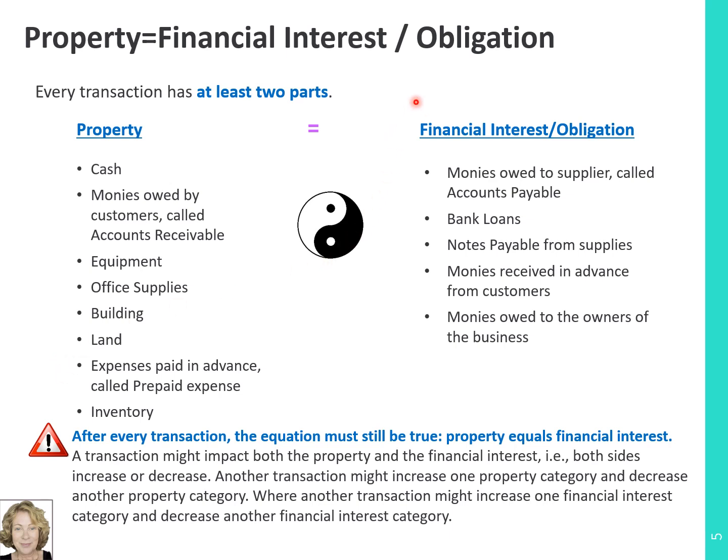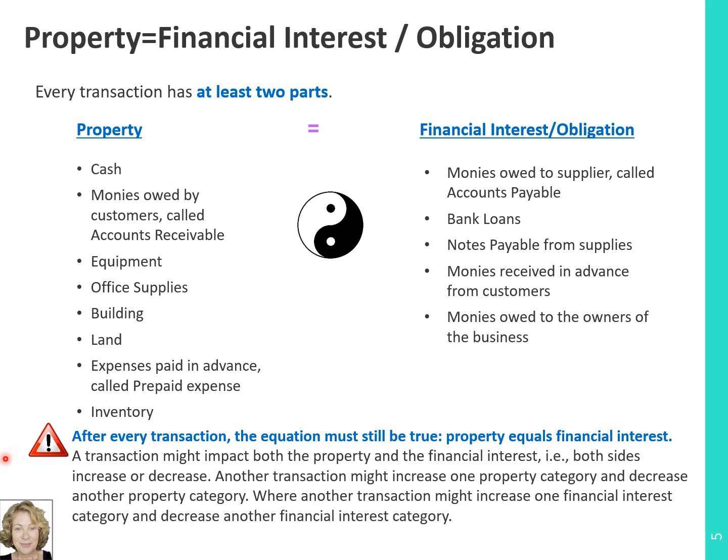Financial interest and obligations are monies owed by the business, such as monies owed to suppliers, called accounts payable, bank loans, notes payable from suppliers, monies received in advance from customers, and monies owed to the owners of the business. A transaction might impact both the property and the financial interest, meaning that both sides increase or decrease.